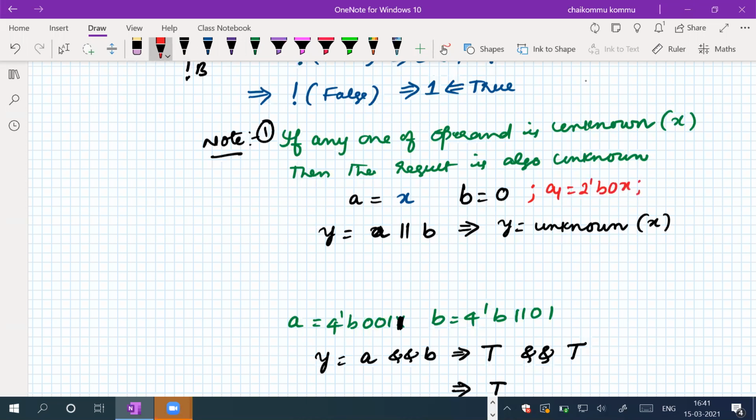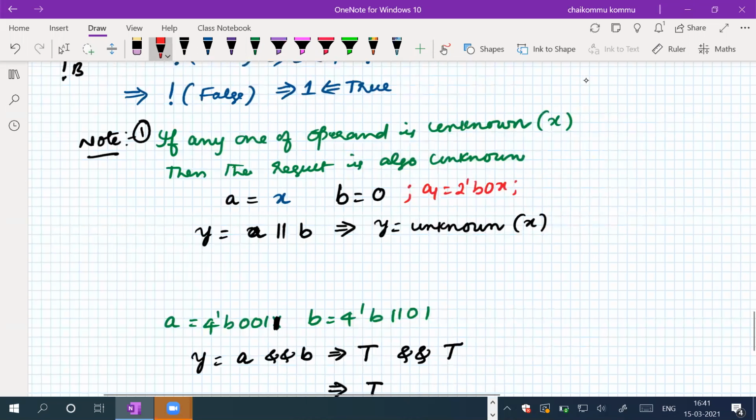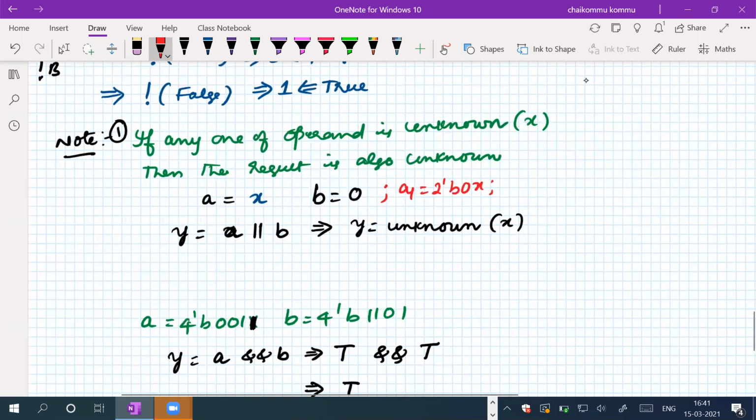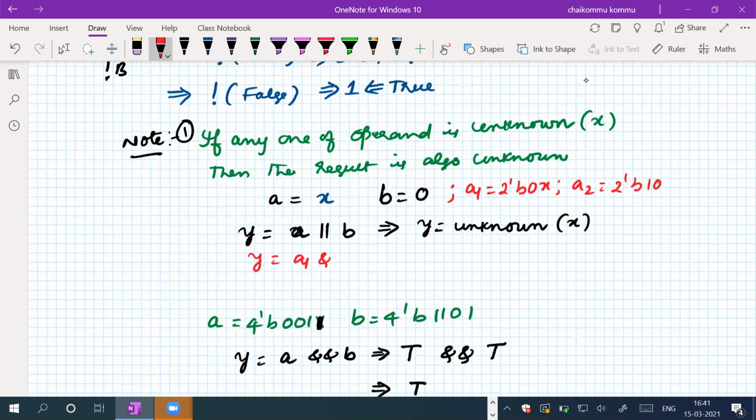A2 is equal to 2 bit of 1 0, for example. If I ask you to write Y is equal to A1 AND A2, what will happen? Y is equal to unknown again. Y is unknown, X only. So it does not depend upon the size of the data. One thing we should know: if any one of the operands has the unknown value, the entire operation will be unknown value only.